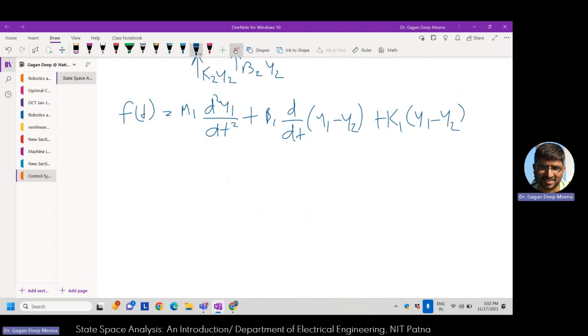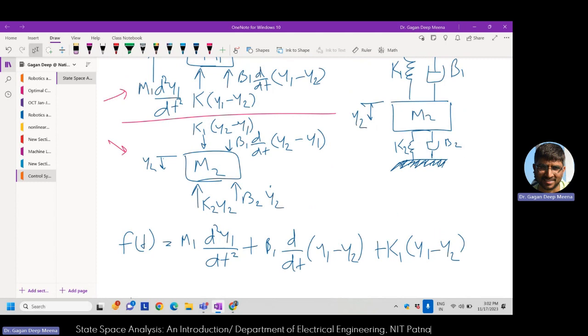And the second differential equation, from the second free body diagram. There are two reaction forces in total, if I want to see. Okay, so this also has m2. I forgot to write one reaction by the body itself, which is m2 d square y2 by dt square. So these three will go in one direction and these two will come from the upward direction.